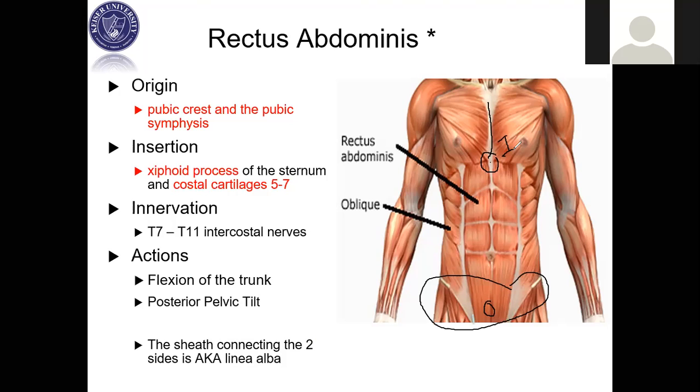So let's think of it this way. We'll talk about the biceps. I don't know if it's today or tomorrow, but when you flex your elbow, the insertion point is the radial tuberosity on the radius bone, and its origin is the supraglenoid tubercle and the coracoid process.